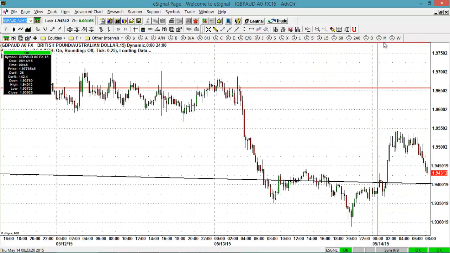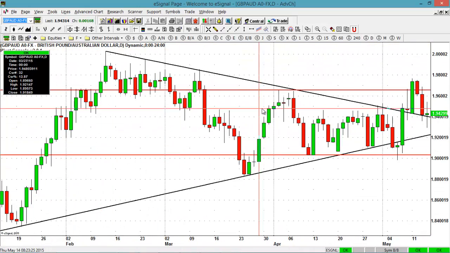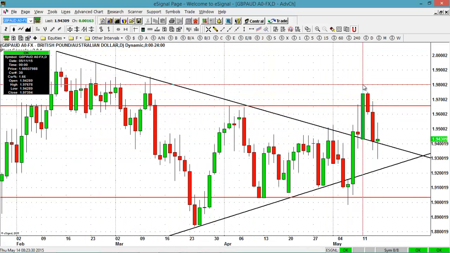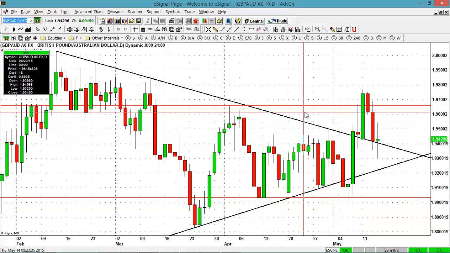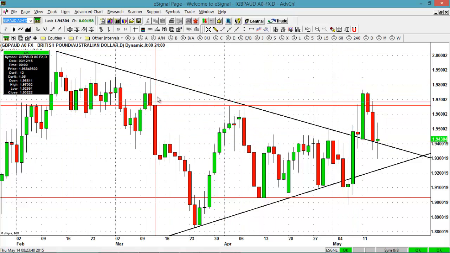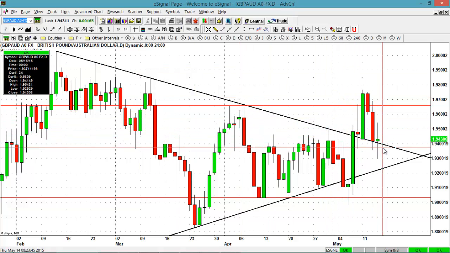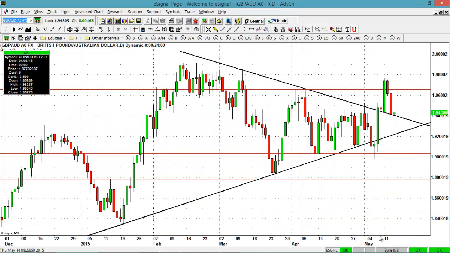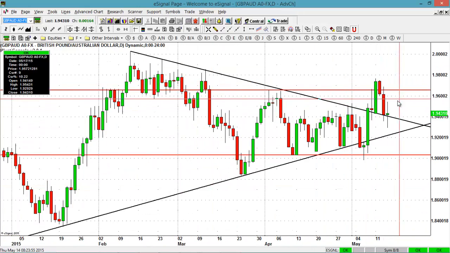Looking at the British pound Australian dollar, the market bounced at the support. Remember, we have our triangle. We broke out of the triangle, and the market came back down and tested the breakout point. Prior resistance becomes support, and that seems to be happening here in the British pound Australian dollar currency pair.